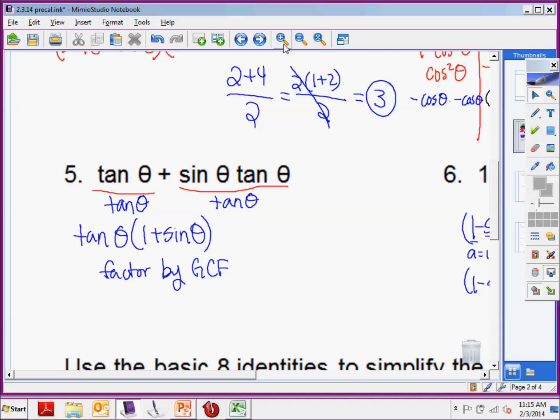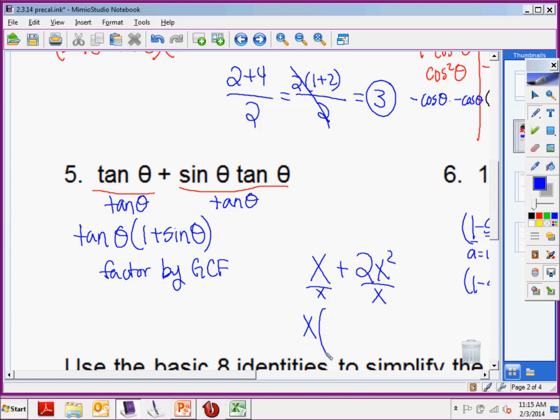Okay, it's the same thing if I had, let's say, x plus 2x squared. What's the greatest common factor between that? X, right? So I would, in my head, divide x out. I'm not going to delete x. X is now on the outside of my parentheses.